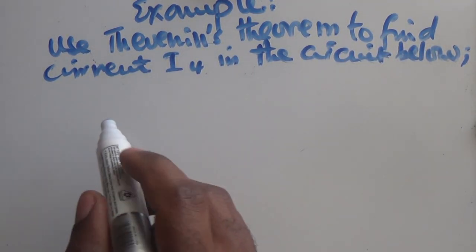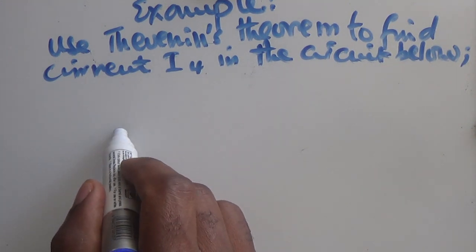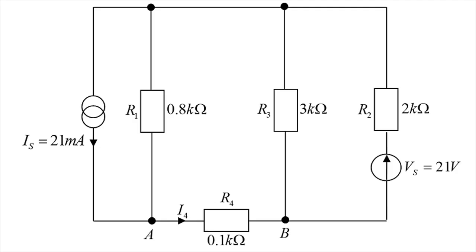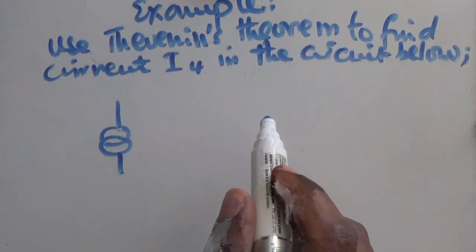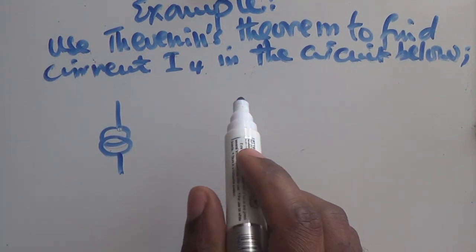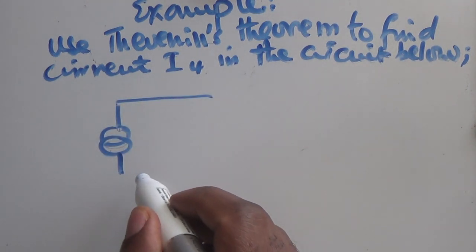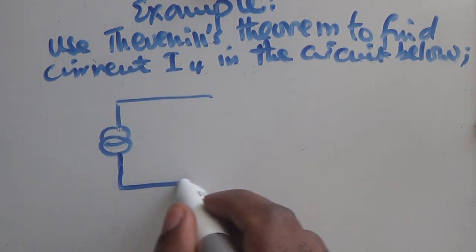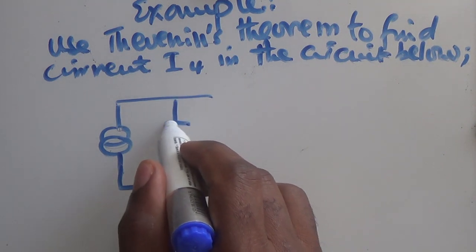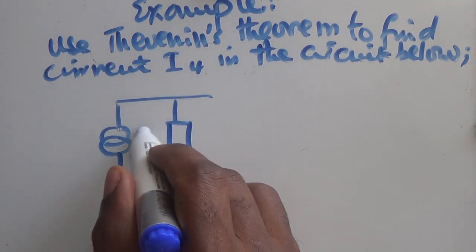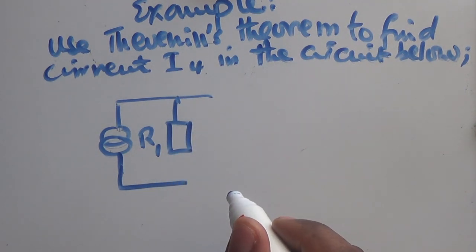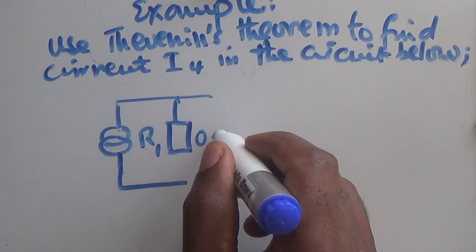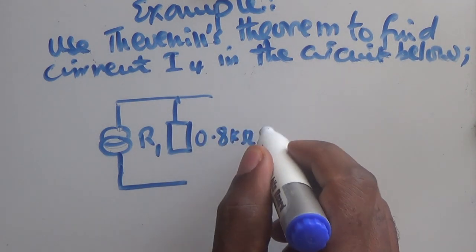This circuit has a current source, and after this current source you have a resistance R1 here, and the value of R1 is 0.8 kilo ohms.